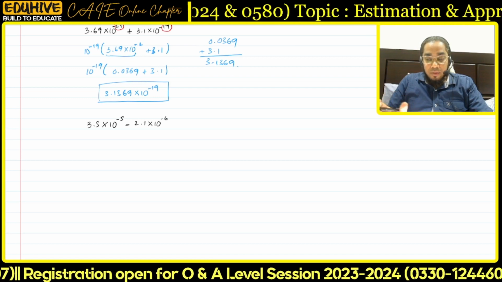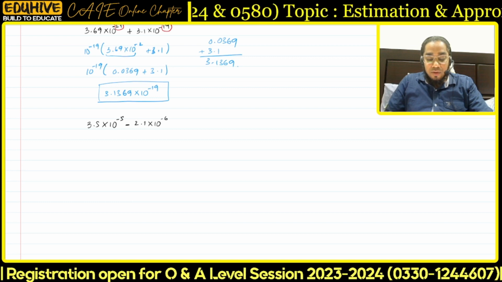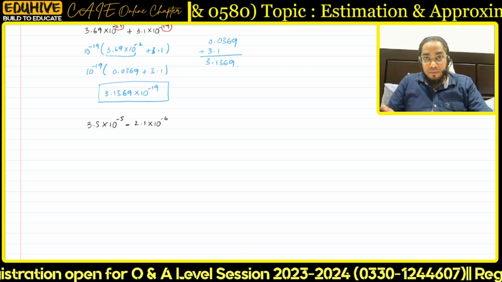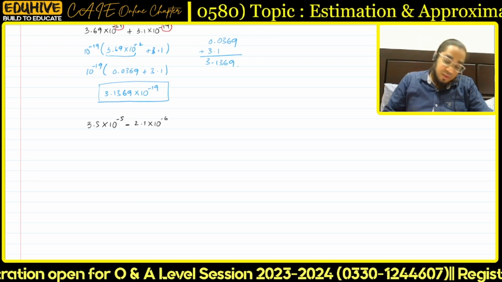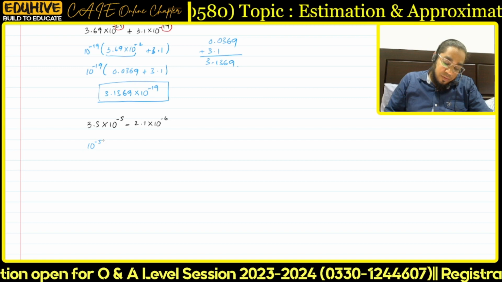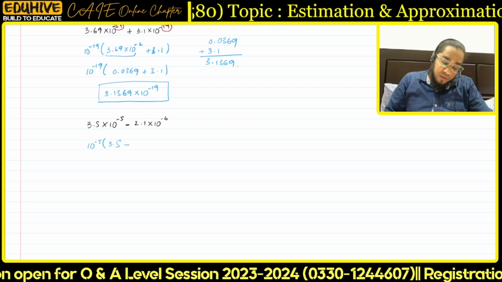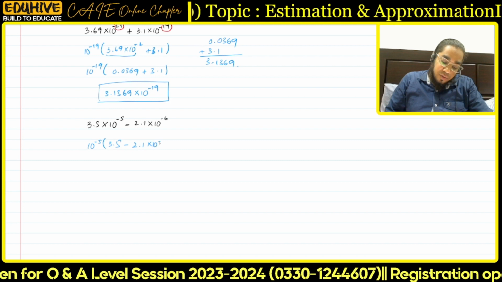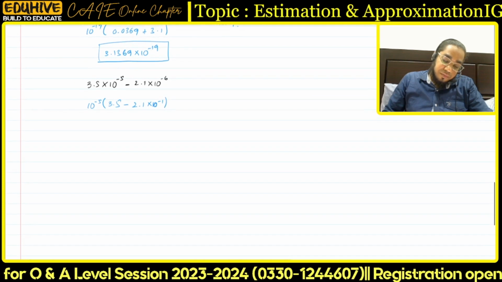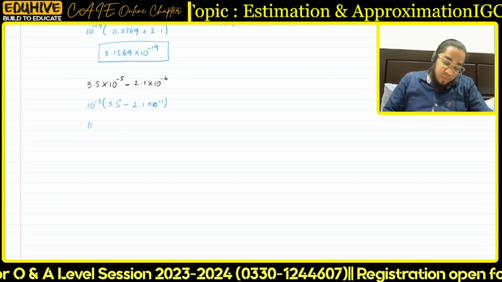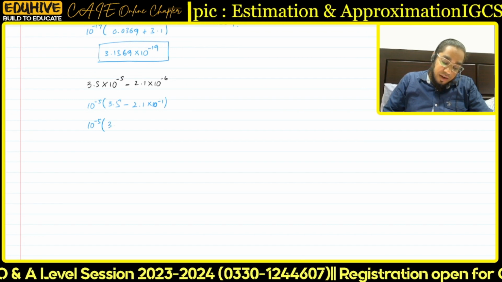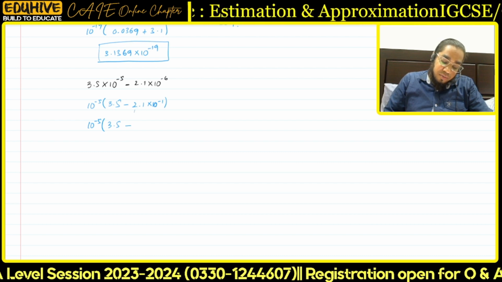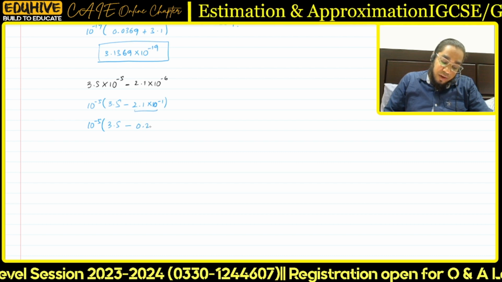Can anyone tell me about it? Should I take 10 to the power minus 5 common, or 10 to the power minus 6? Minus 5, that's cool, Amna. 10 to the power minus 5, that's going to be 3.5 minus 2.1 into 10 raised to the power minus 1. I convert that number into the simple form, so it's going to be 0.21.